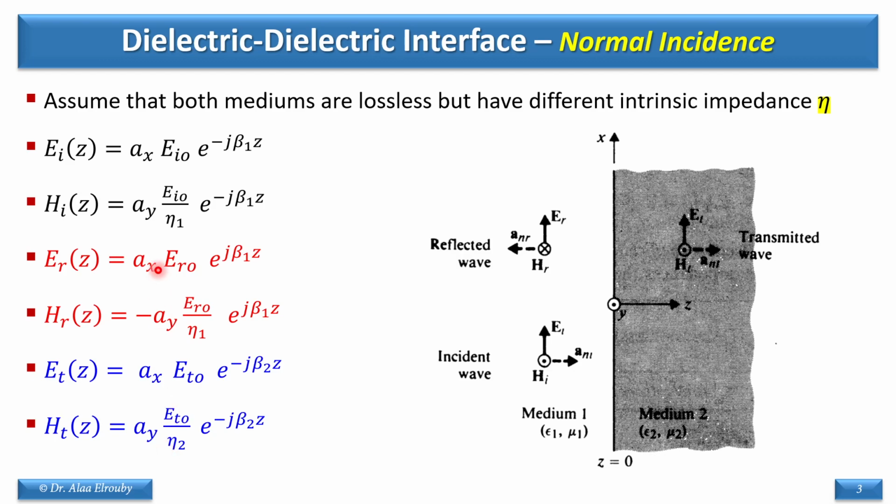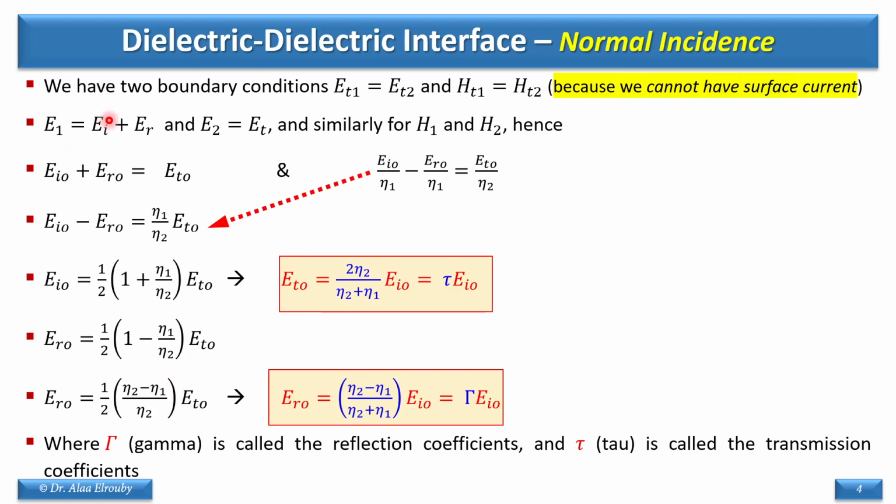What is unknown is E reflected, how much of the wave is reflected and how much of the wave is transmitted. This is what we are looking for. So we'll apply the boundary condition. In media number 1, we have 2 waves, incident wave and reflected wave. In media number 2, we have just the transmitted wave.